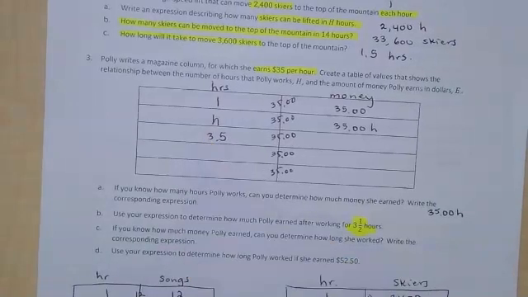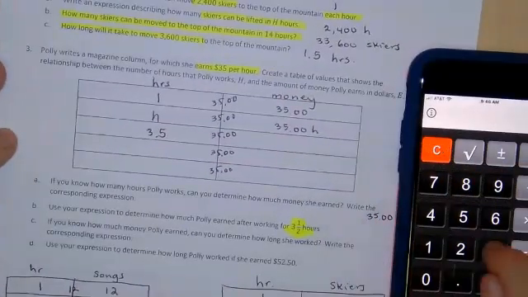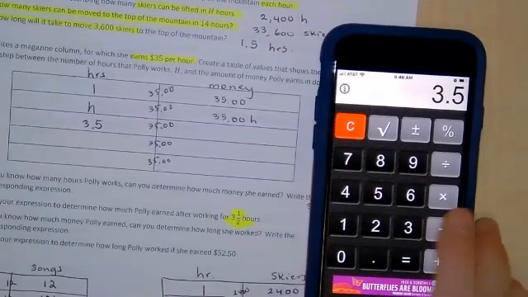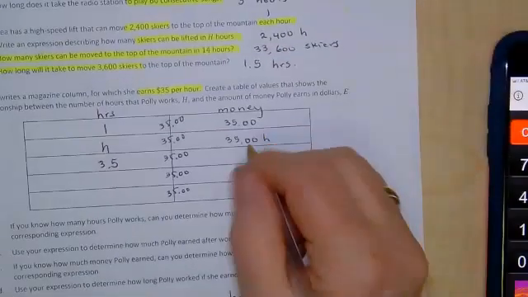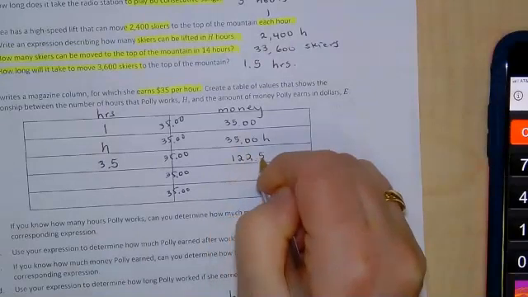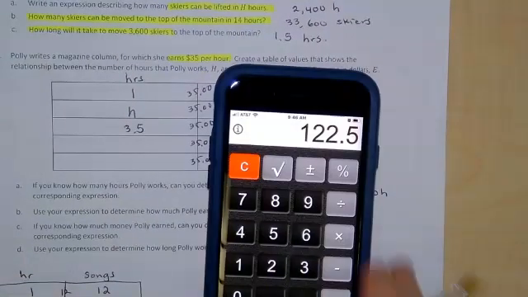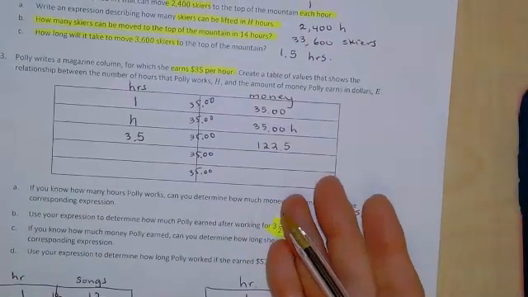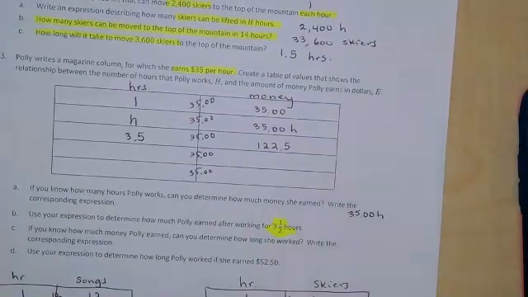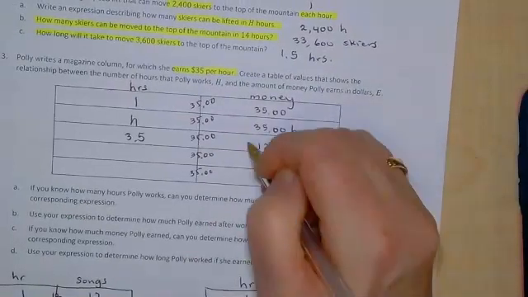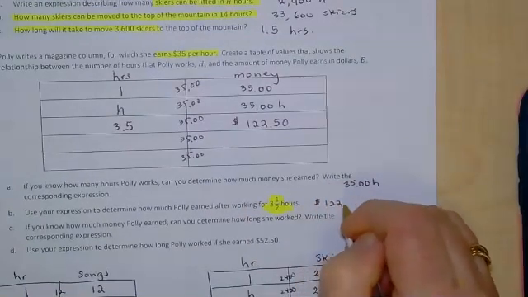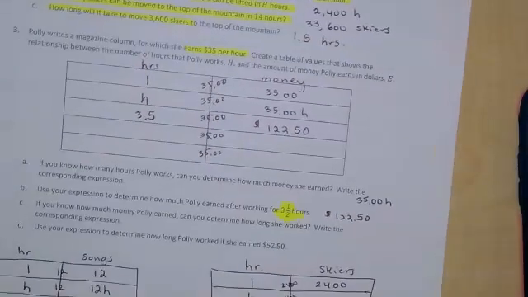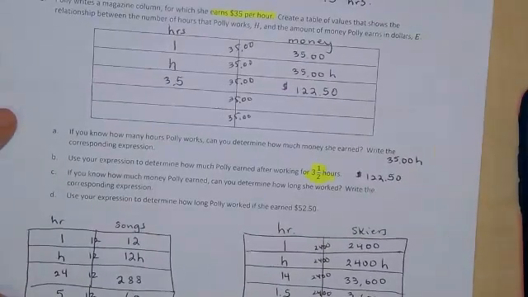So 3.5 hours times $35, right? 3.5 times $35. Okay, now watch this. That's what you get on the calculator. That does not look like money. What do we have to do, Felicity? Add on a zero, and there's my dollar sign, and she made $122.50 in 3.5 hours.